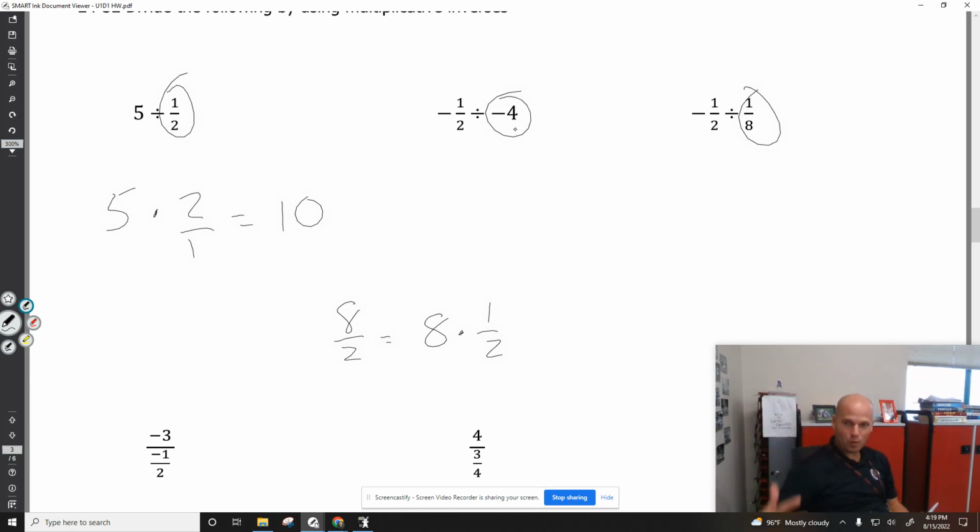Split a half into 4 pieces, or what is a fourth of a half? How many eighths are in a half? Don't think of it like that. Instead, think of it as like, what are 8 groups of a half? 8 halves. 4.